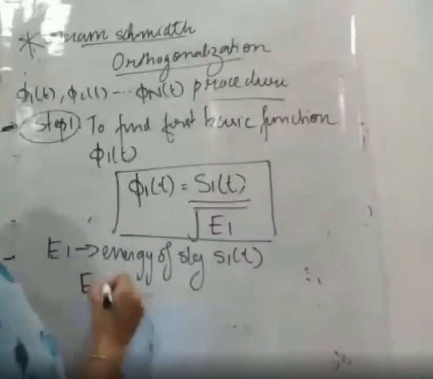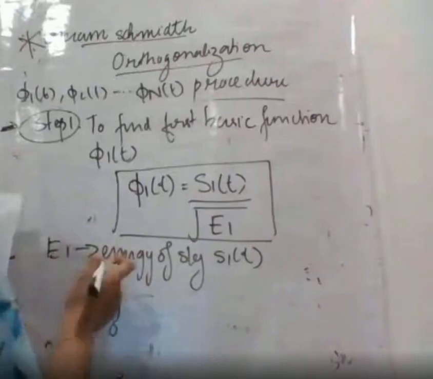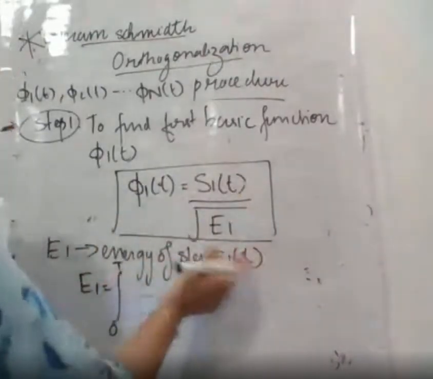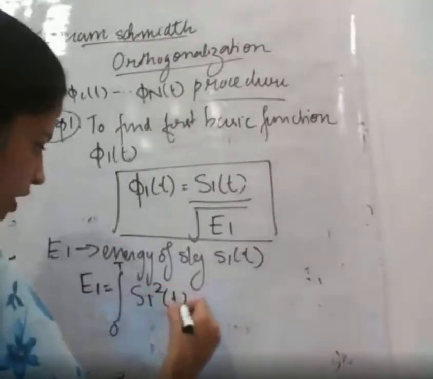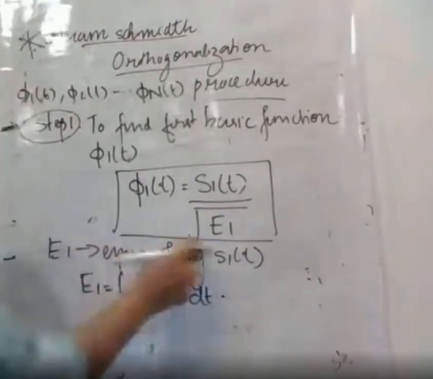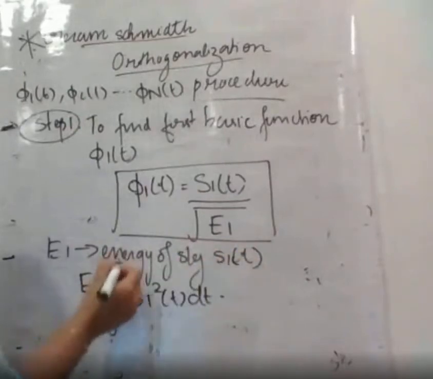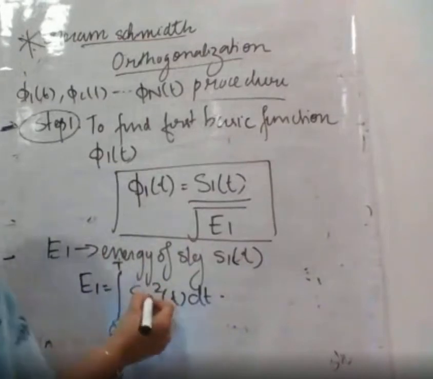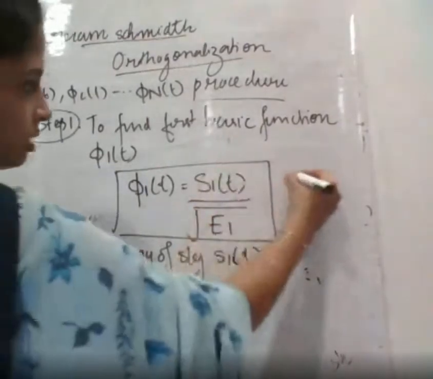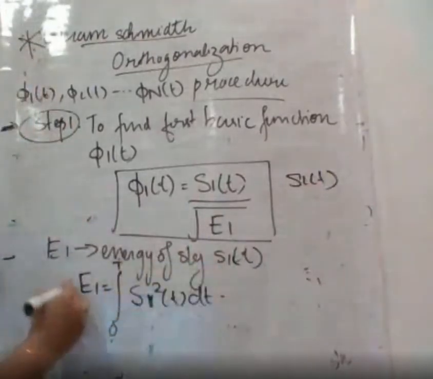Clear. Okay. So E1 is nothing but the integral from 0 to T, the energy of the signal, S1 square of t dt. So E1 is nothing but 0 to T, its duration, of S1 square of t dt, with respect to the first signal S1 of t. This is our E1.